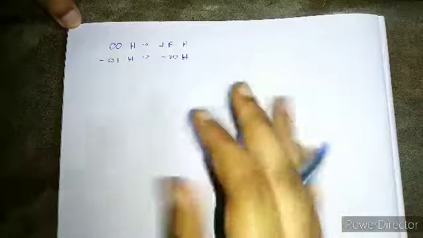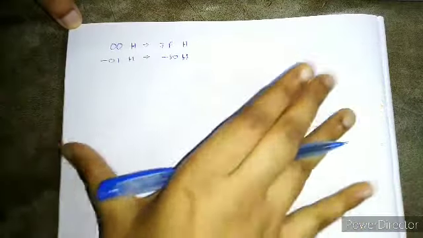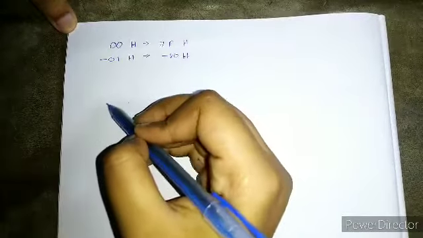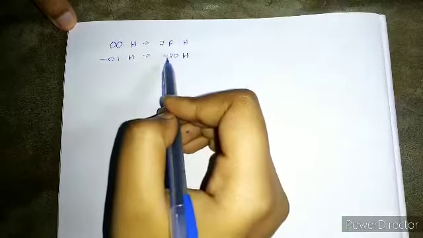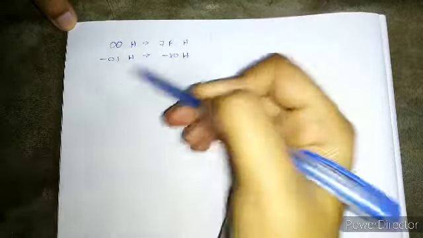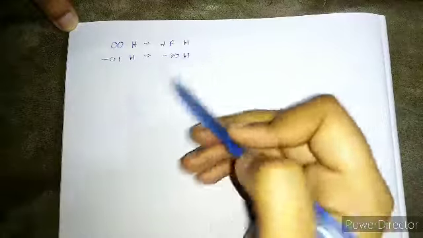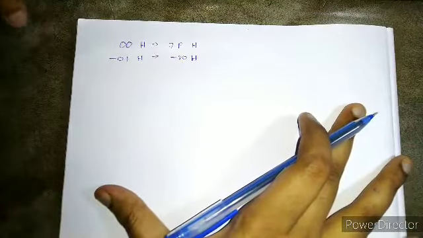Clear? Now if you give a number within this range and still the MSB becomes 1, then the sign flag becomes 1 and you can say that this is a negative number.